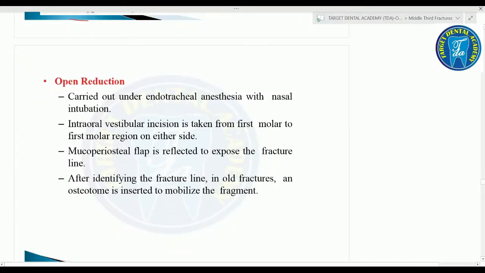Open reduction is carried out under endotracheal anesthesia with nasal intubation.